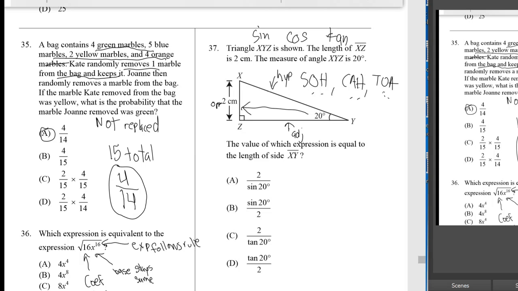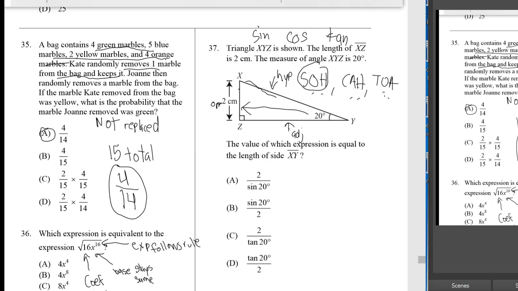Well, XY is the hypotenuse, so it's got to involve the hypotenuse. I also know the opposite side is 2. The only thing that uses opposite and hypotenuse is sine. So I'm going to use sine in this problem.